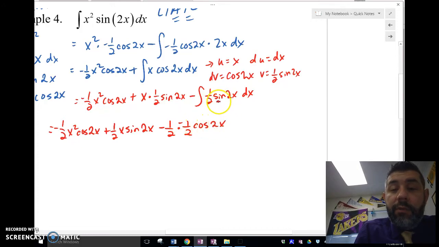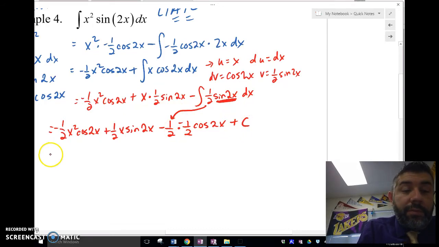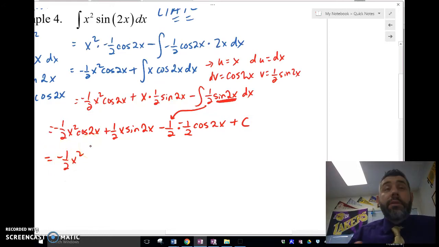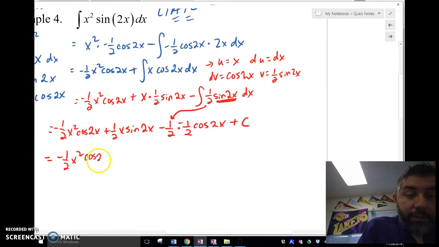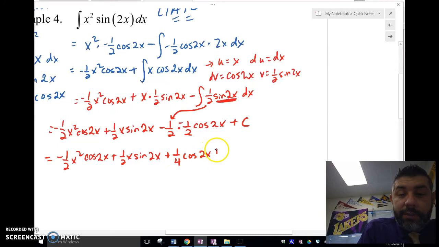That's the integral of this part. I brought that out. Plus c. All right, I'm going to clean that up for those of you that want me to. Negative 1/2 x squared cosine 2x plus 1/2 x sine 2x plus 1/4 cosine 2x plus c.